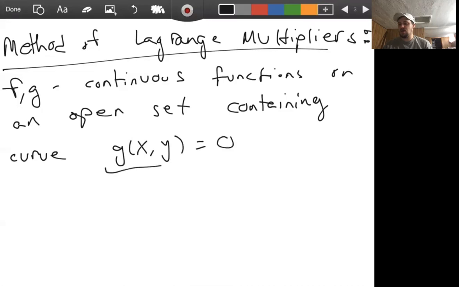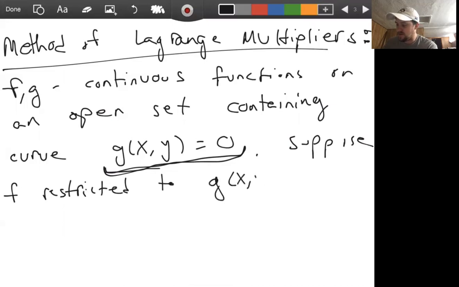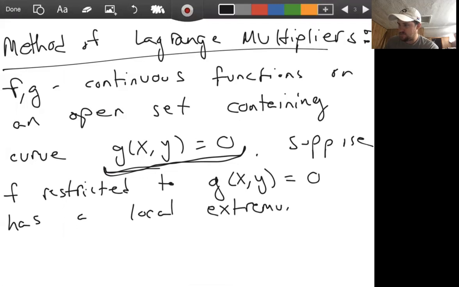And this curve g is going to be what we consider our constraint. And let's suppose f restricted to this constraint, g of x, y equals 0, has a local extremum at the point x naught, y naught.